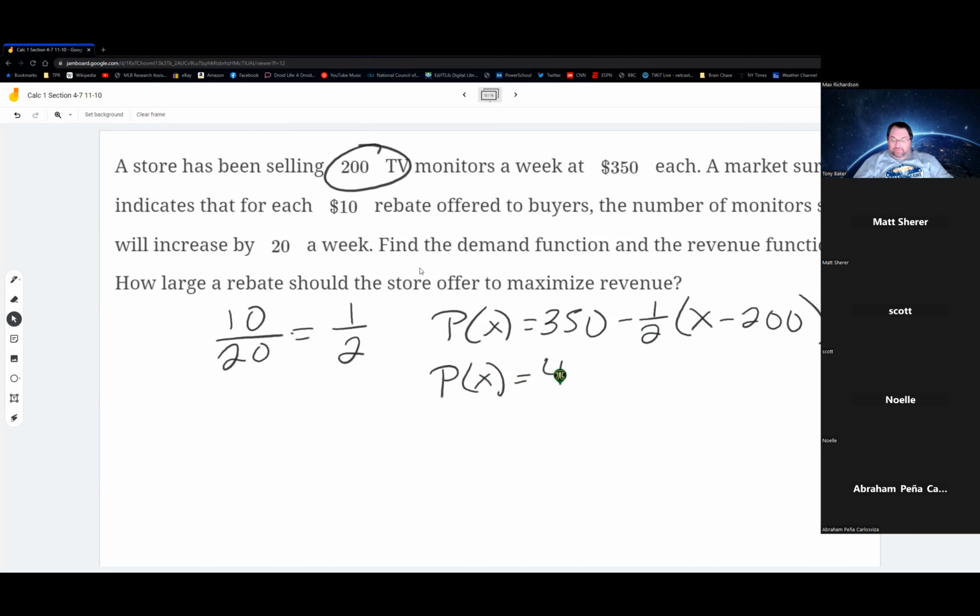So $450 minus 1/2 X is where I'm starting. Where did 450 come from? 1/2 times 200 is 100.